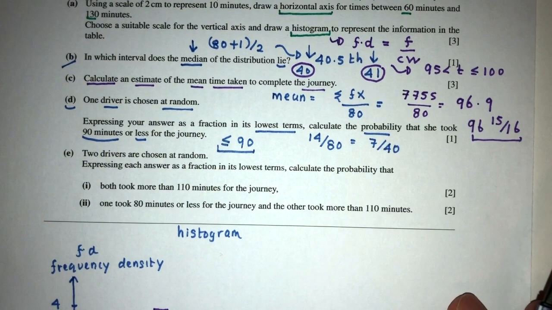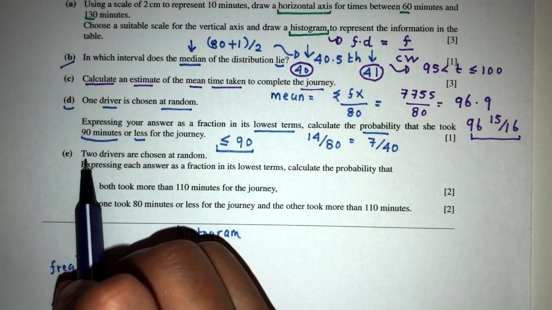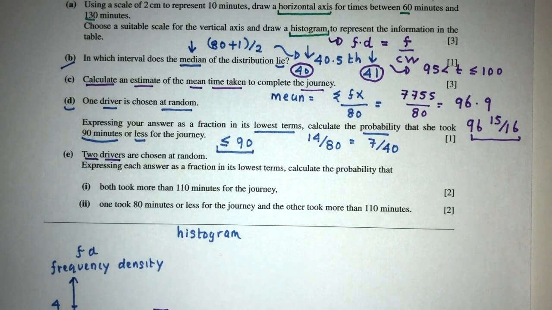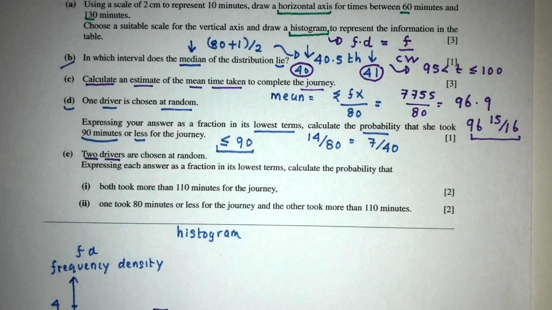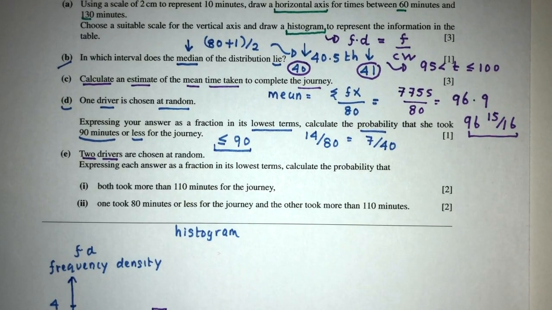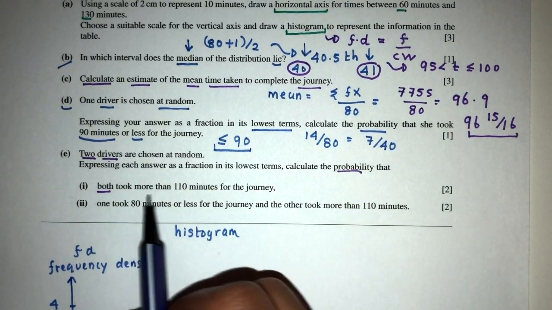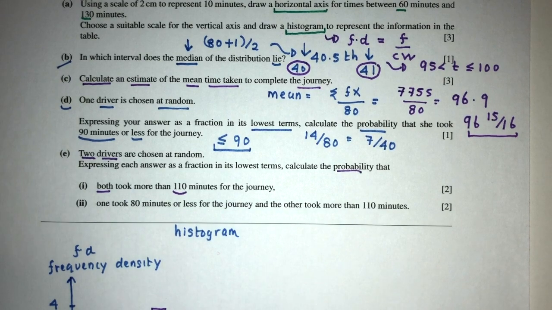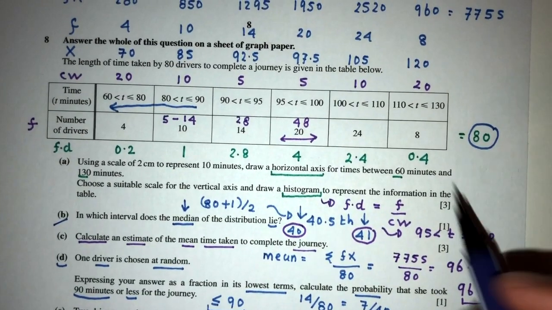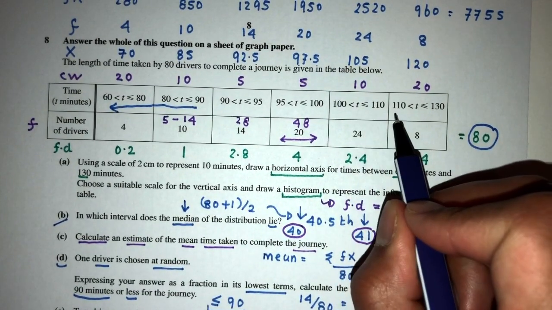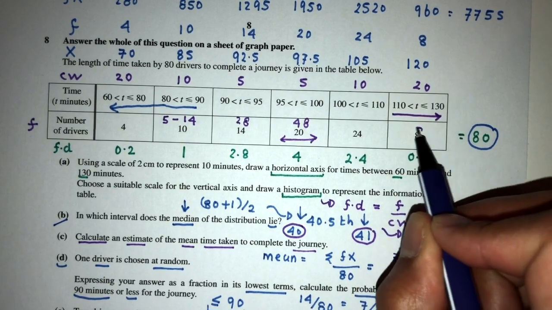Okay, now for part E, now we have chosen two drivers. Expressing each answer as a fraction in its lowest term, calculate the chance that both took more than 110. So pretty easy. More than 110 will be what? This is less than 110. More will be right here, will be 8.